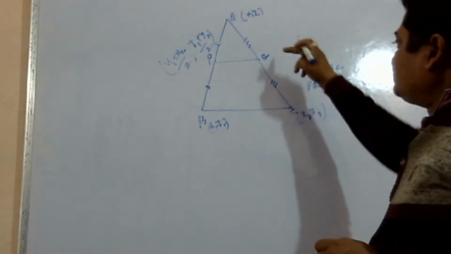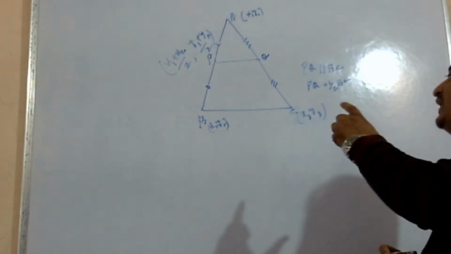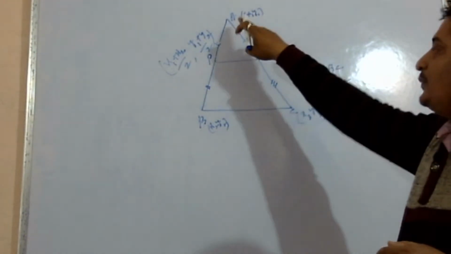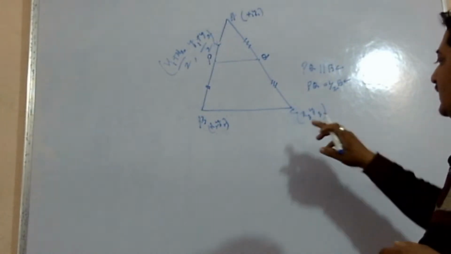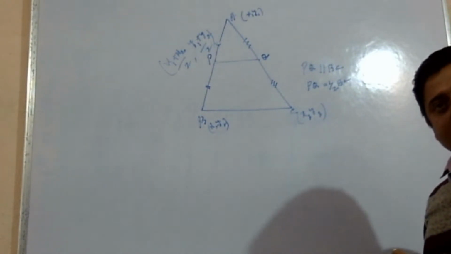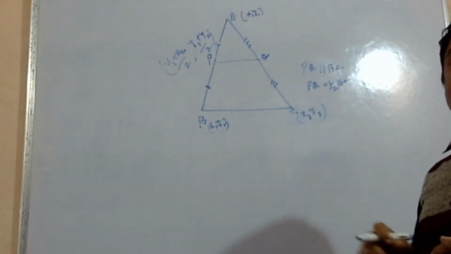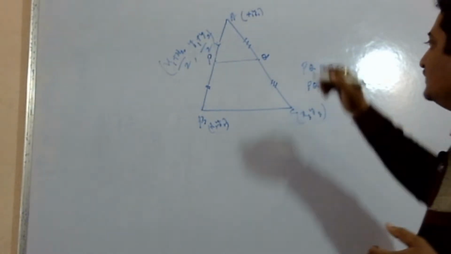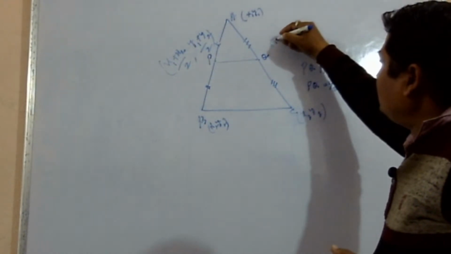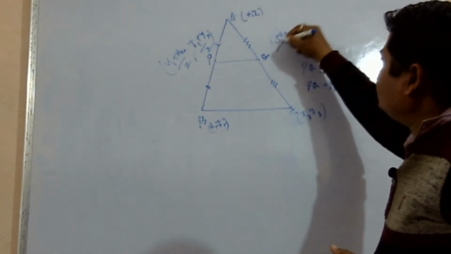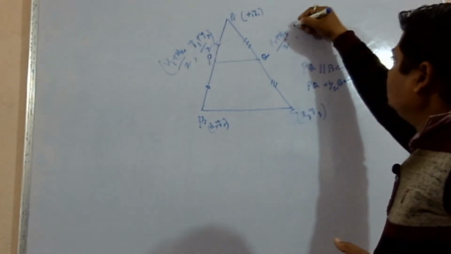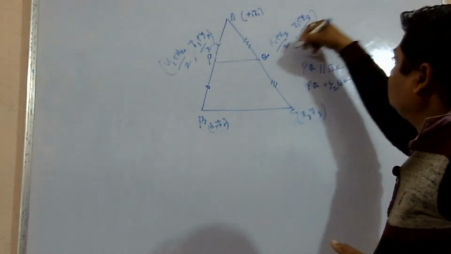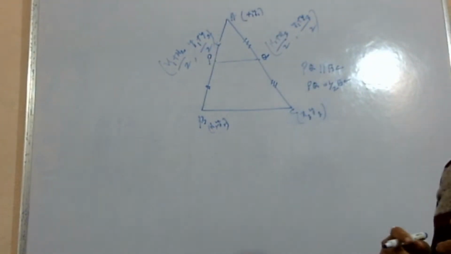Next, Q is the midpoint of AC. The coordinates of A and C are given, so how can you find the coordinate of Q using the midpoint? It is (x1 plus x3 by 2, y1 plus y3 by 2). Clear? Yes.